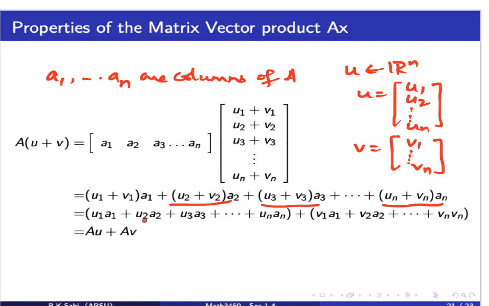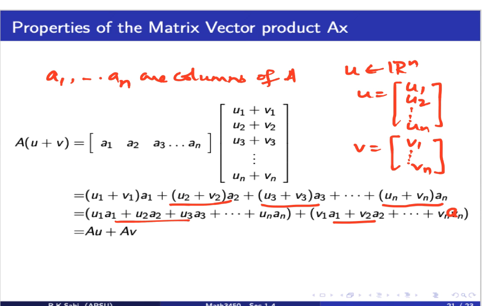So we get U1A1 plus U2A2 dot dot dot UnAn, plus V1A1 plus V2A2. I didn't write V3A3 because I was having a problem with the space, so I just simply wrote it here, VnAn. And this clearly is a vector from A times U, and this is a vector from AV. Okay, so that takes care of the first proof.